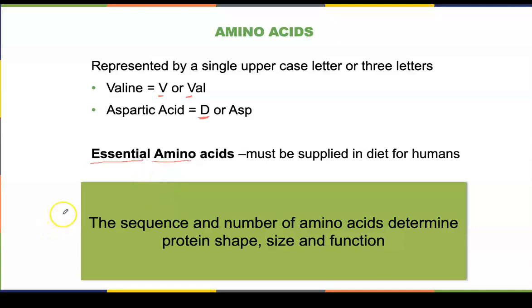Now, the different R groups on amino acids are important because they determine the properties of those amino acids. And we will end up seeing that the sequence of amino acids in a chain, the length of the chain, or in other words, the number of amino acids, those 2 things come together to influence the protein's shape, of course its size, and the size and the shape of the protein is going to control its function.